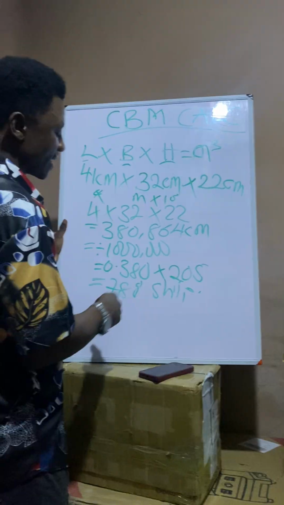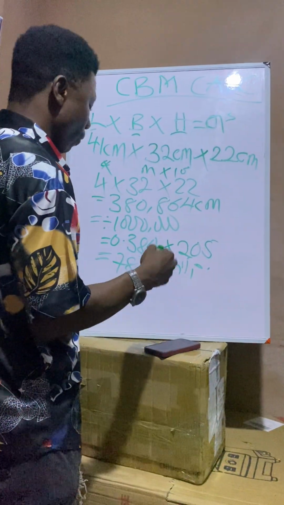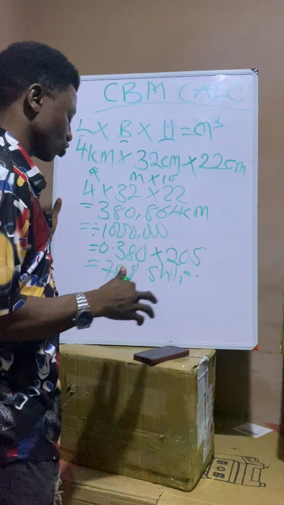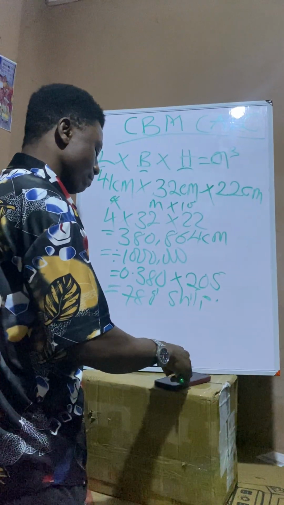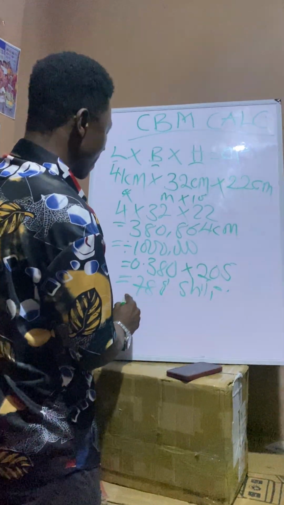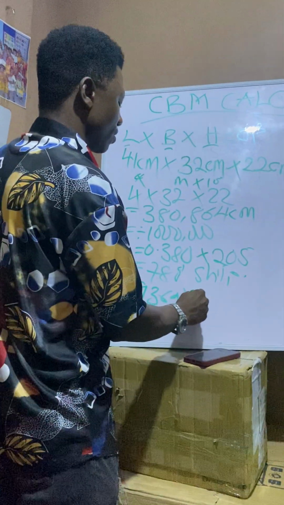If he or she says $1 is equivalent to 12 cedis, you multiply 78 by the dollar rate, which is 12. So you are paying 936 Ghana cedis for your goods.